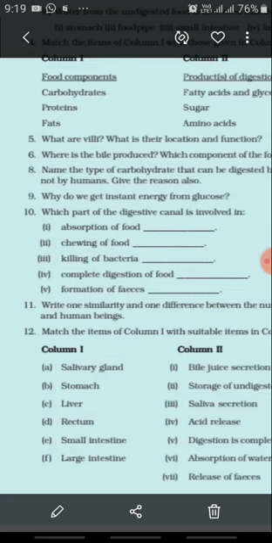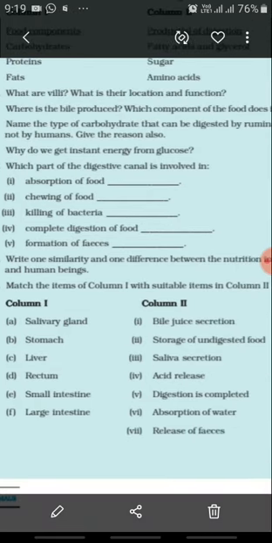Now come to number 11, match the items of column 1 with a suitable item in column 2. Column 1, salivary gland: the answer will be saliva secretion. Stomach helps in release of acid, so the answer is acid release. Liver secretes bile juice, so the answer is bile juice secretion.